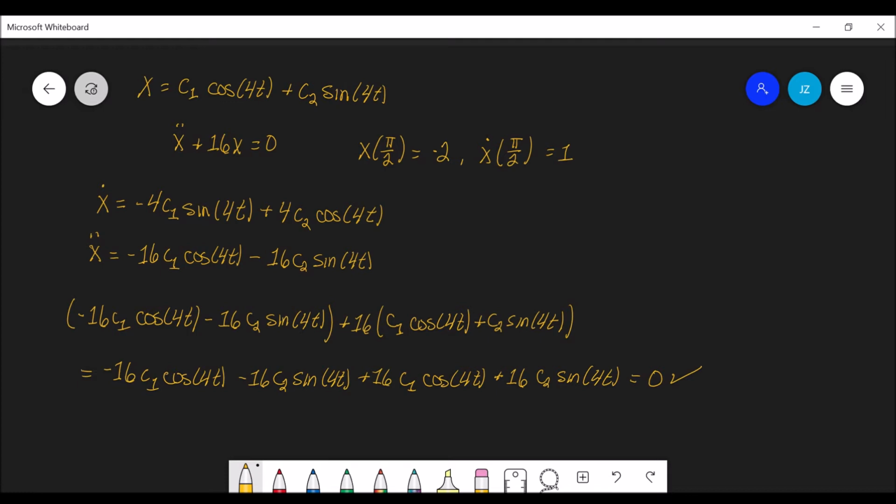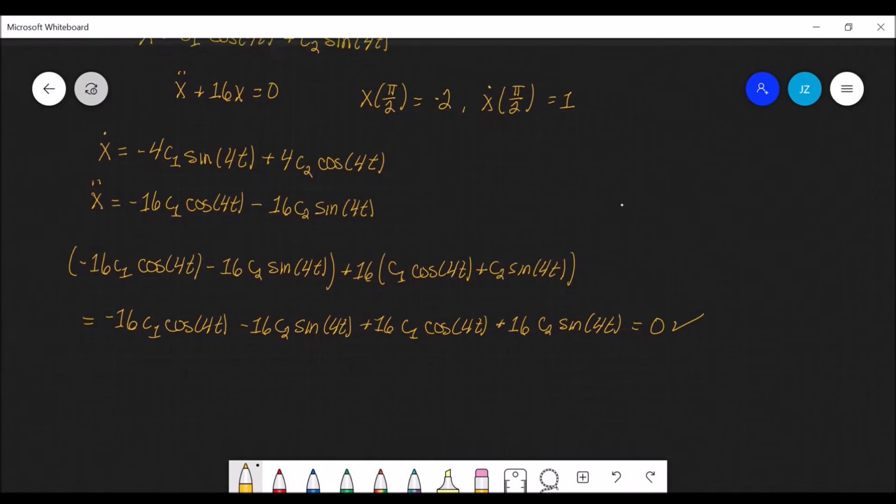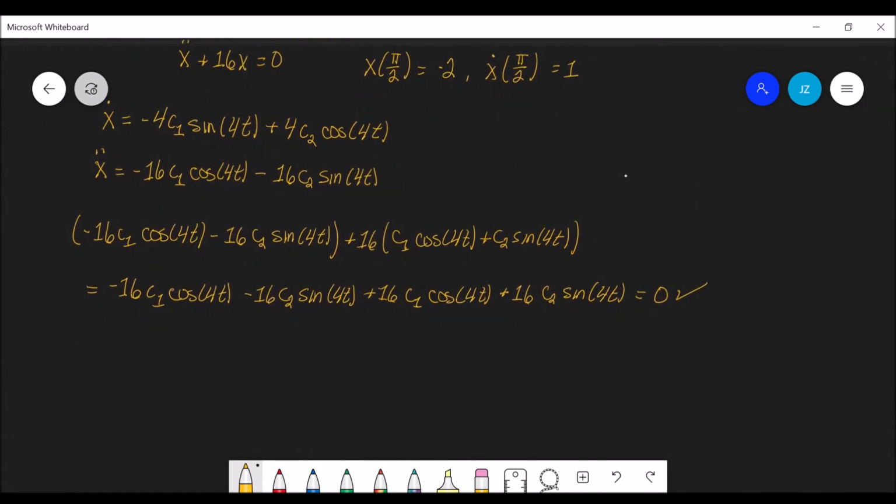Now, to find C1 and C2, we make use of the initial conditions. So x evaluated at pi over 2. Well, x was C1 cosine of 4t plus C2 sine of 4t.